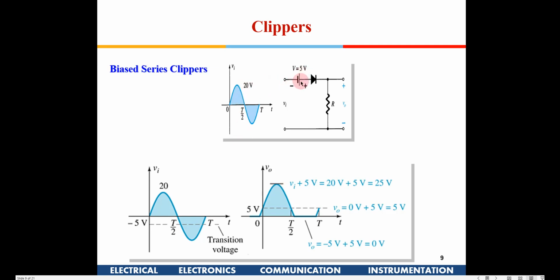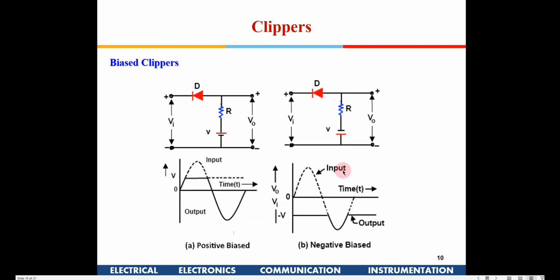Because you are biasing it with additional 5 volts here, the maximum voltage here will be 25 out here, right? And the voltage when this input signal is 0, you will have 5 volt here. So this 0 and this 0 corresponds to 5 and 5, and in the input signal minus 5 and minus 5 corresponds to 0 in this waveform.